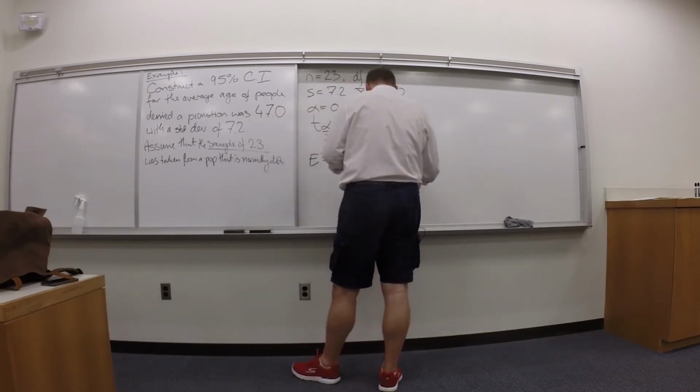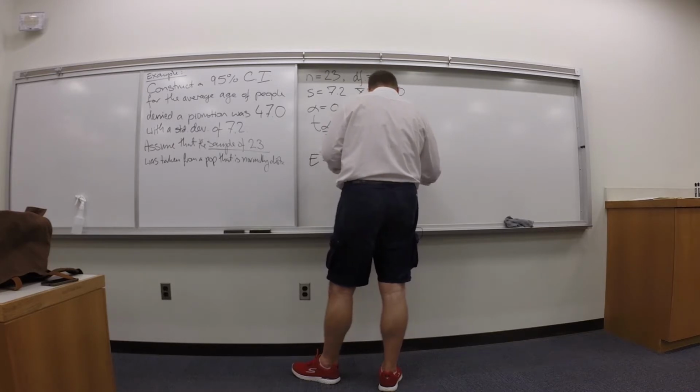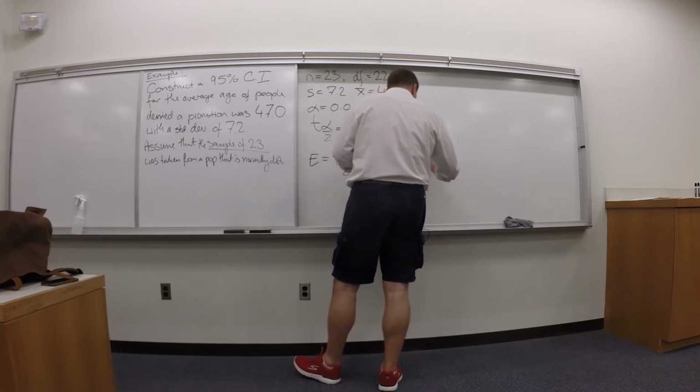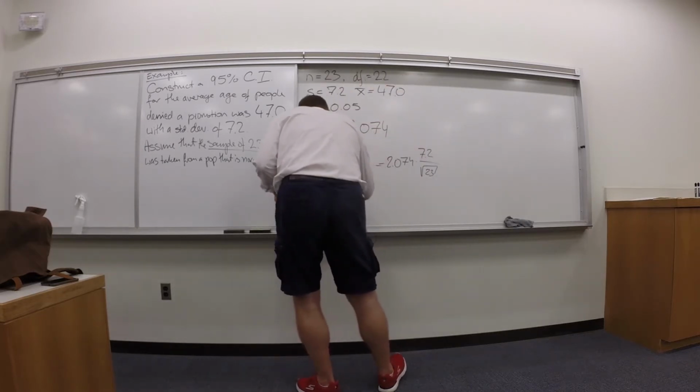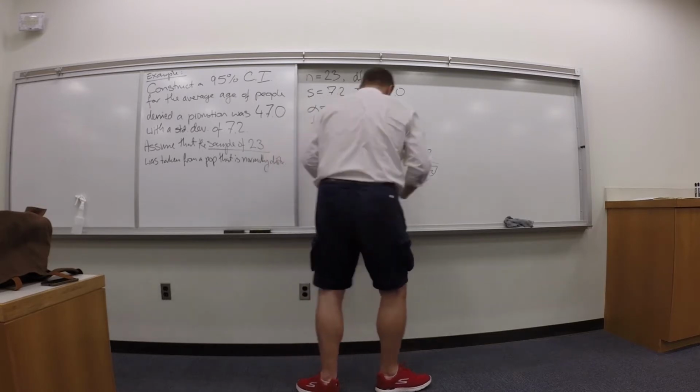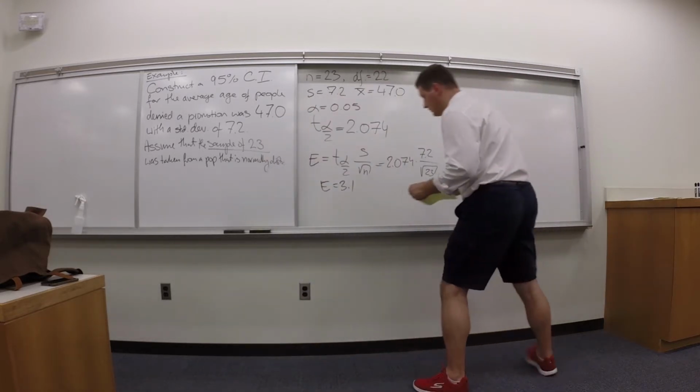And in my case, I get 2.07472 divided by square root of 23. So I get E equal to 3.11.